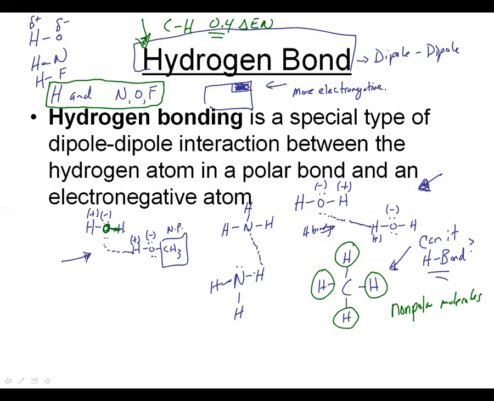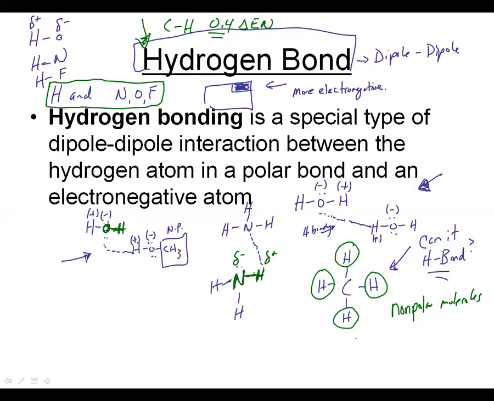Like what we have here with our NH3, a hydrogen that's bonded to a nitrogen. And here we don't have that. We do have the hydrogen part, but we don't have the electronegative atom that's necessary to make that bond a polar bond. So there's no separation of charge here.